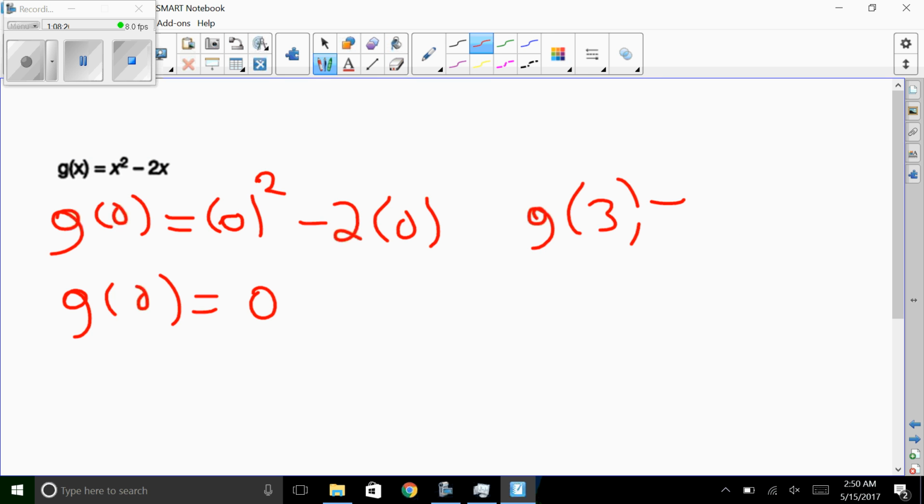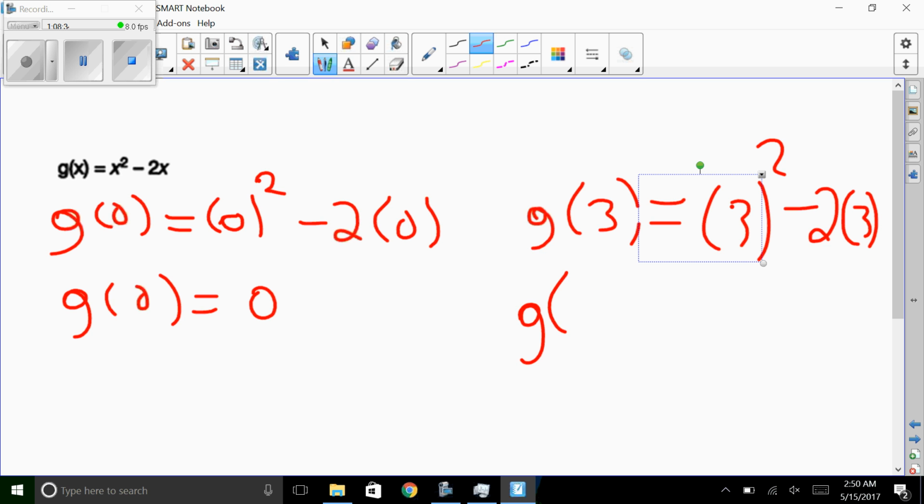So g of 3 equals 3 squared minus 2 times 3, which gives us 9 minus 6, that's 3.